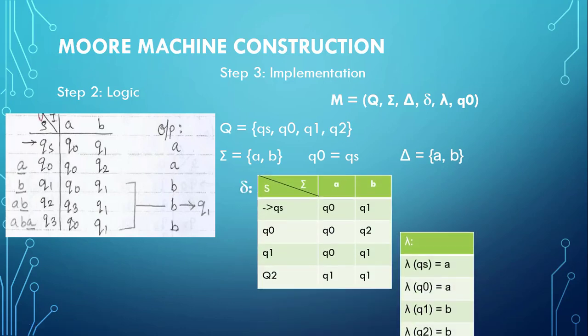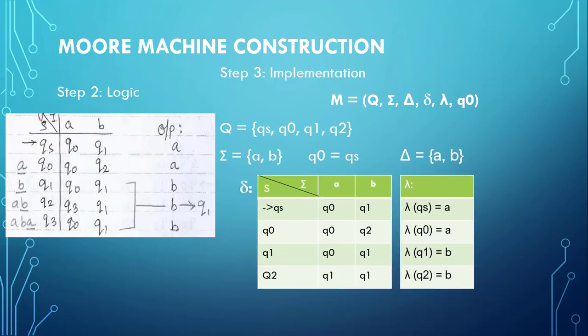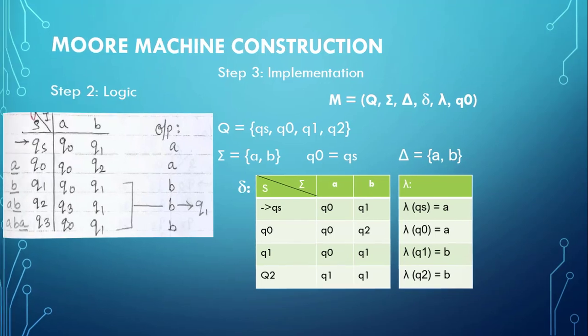The transition function after merging these states will be as follows. We have QS, Q0, Q1, Q2, and we do not forget that we are not going to mark any final states in these machines, as Moore and Mealy machines do not have final states. Instead, they generate some output sequence for the given input sequence.